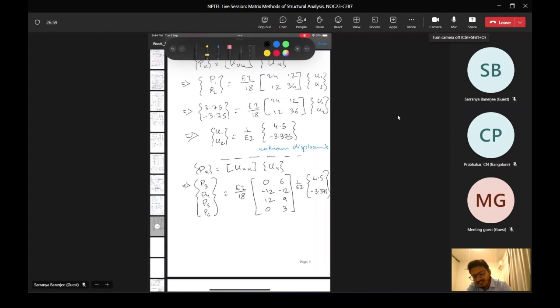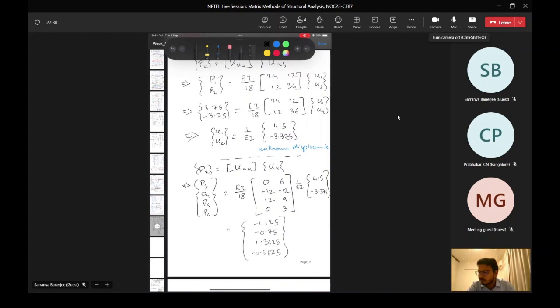So now it is pretty straightforward. You need to just matrix multiply this 4 cross 2 matrix into 2 cross 1 matrix. So you will get a 4 cross 1 vector, and the answer for this would be minus 1.125, minus 0.75, 1.3125, minus 0.5625.